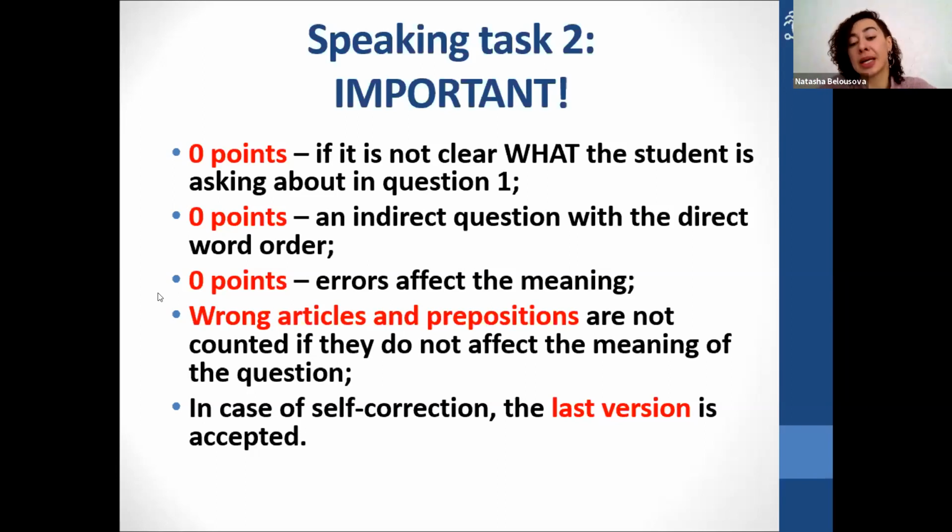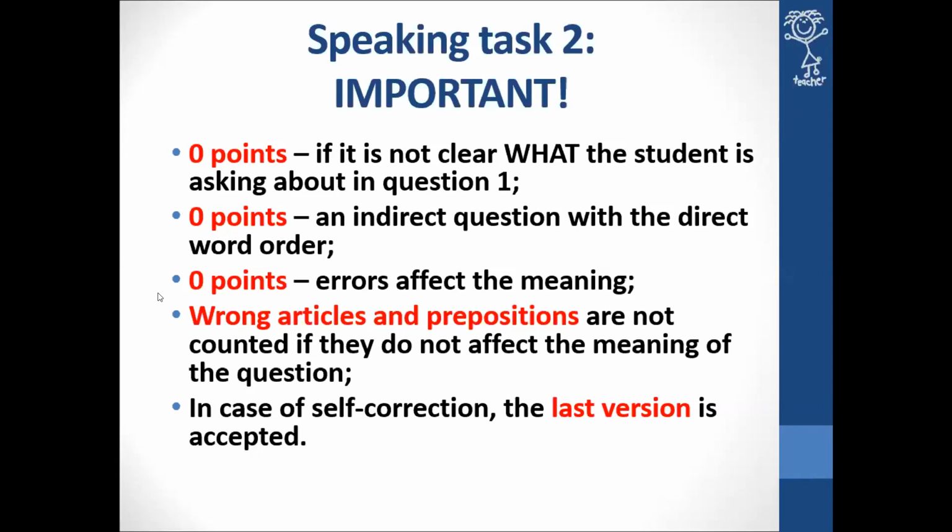The problem is that the experts are going to accept the last version only. Even if there was a right version, one of the 5 that I've heard, yeah? If it's not the last one, I'm not going to accept it. And I think that this is something students should know.